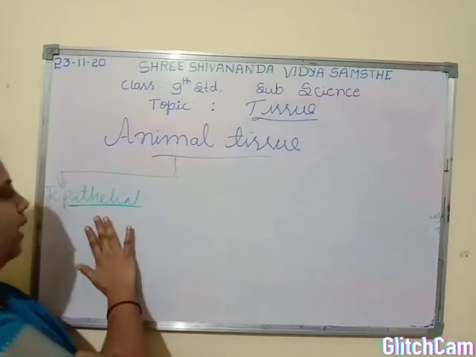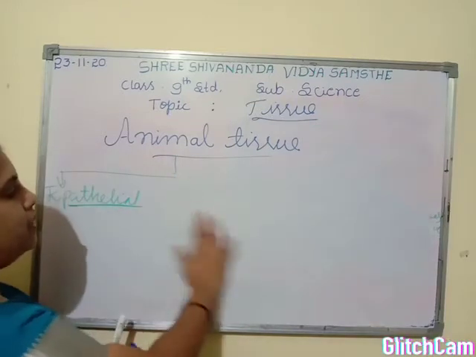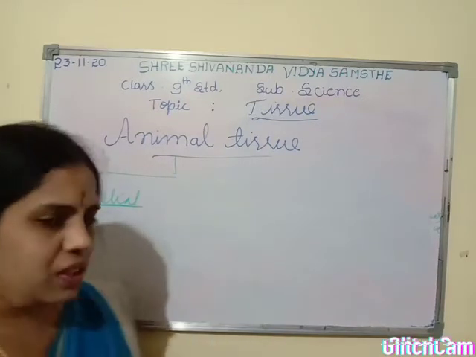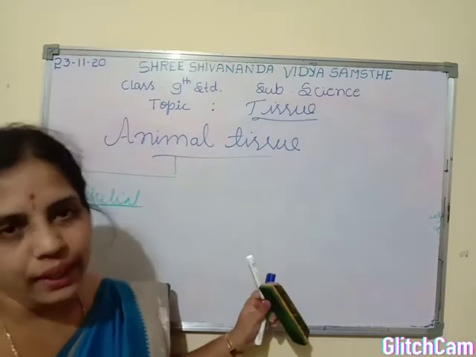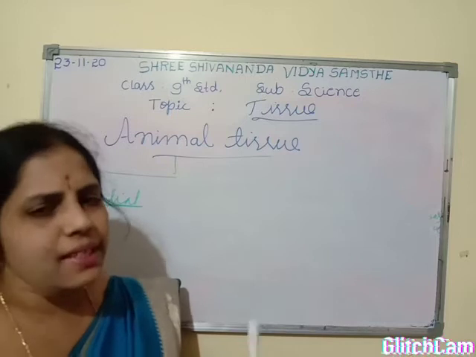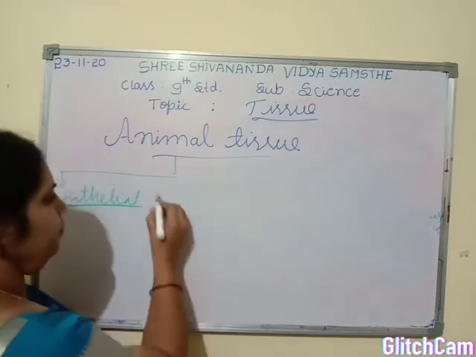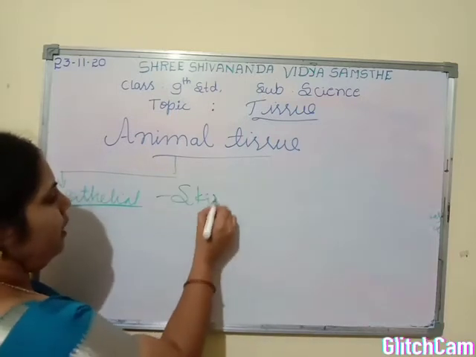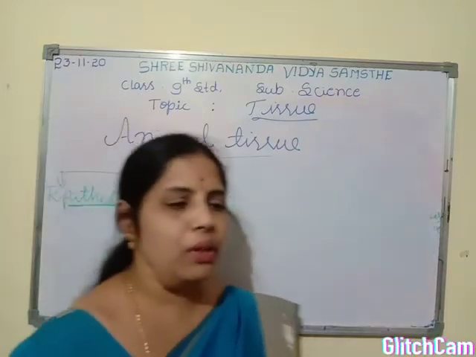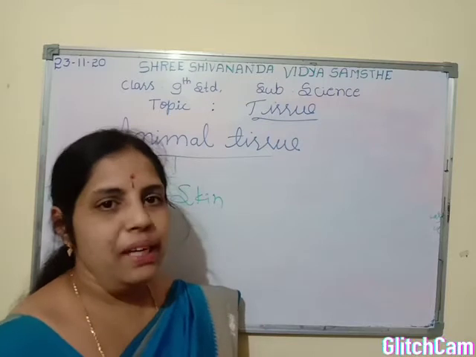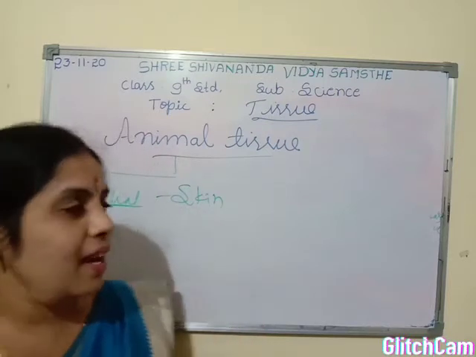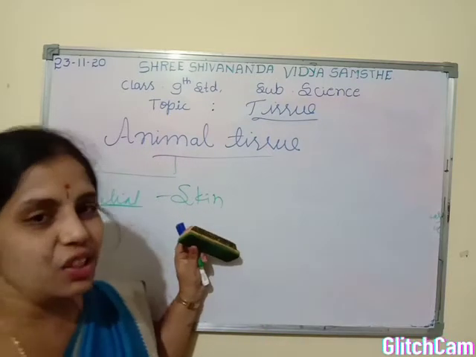Here, epithelial tissue is the tissue present on the outer side of the body, just like skin. In plants we see epidermal tissue, but animals have epithelial tissue.